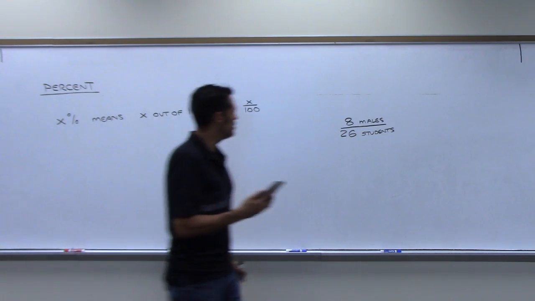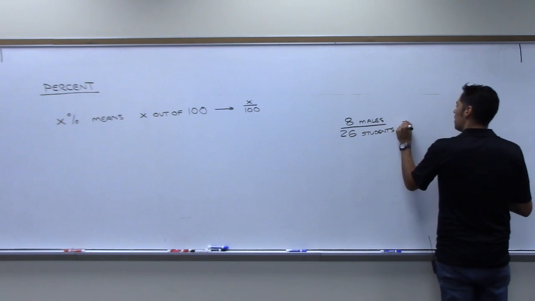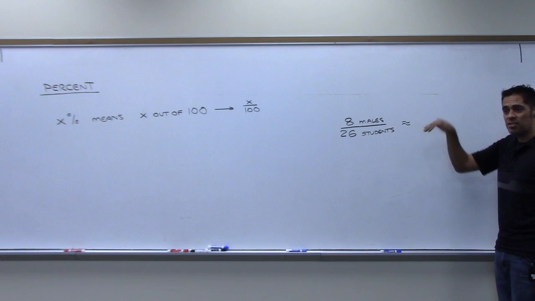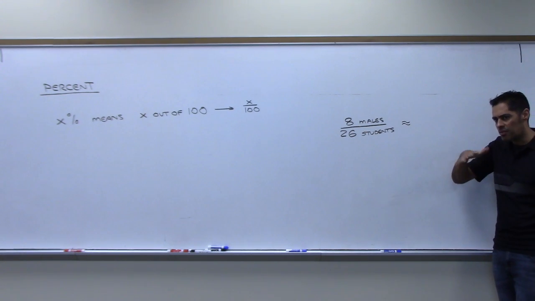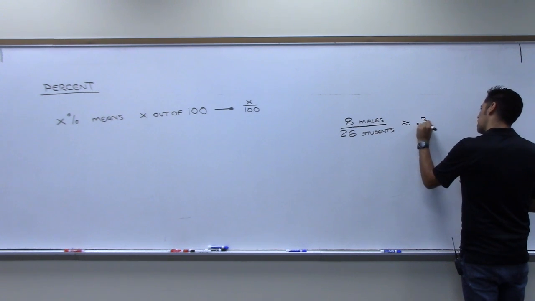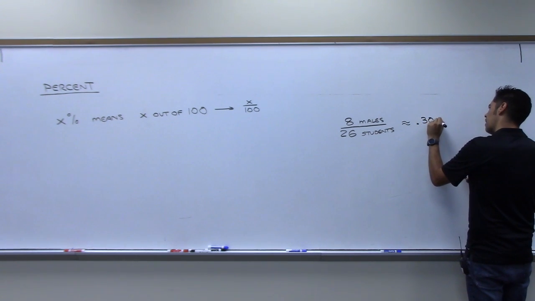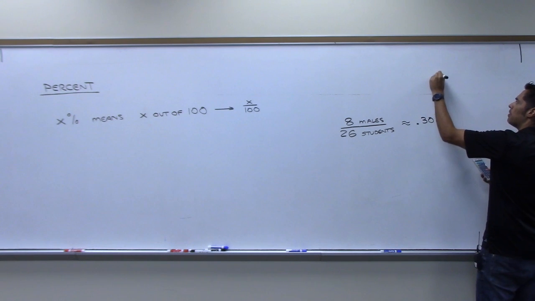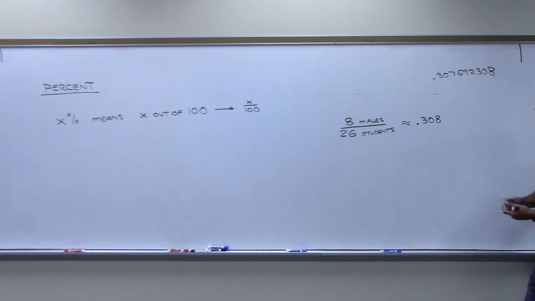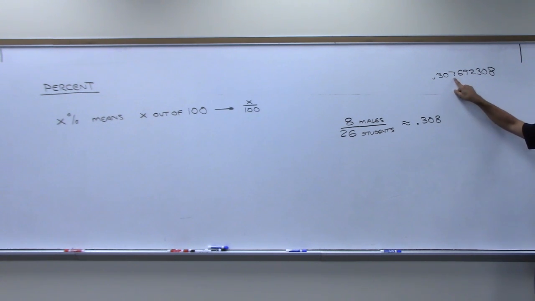And that decimal is approximately, I'm going to use an equal sign that's squiggly, which means approximately, all right? 0.308. It was actually 0.307692308 on my calculator. I just went to the third decimal point and said I'm going to round this one. Look to the right of it, it was 6, so that meant round it up to 8.